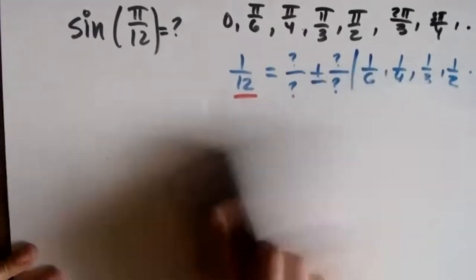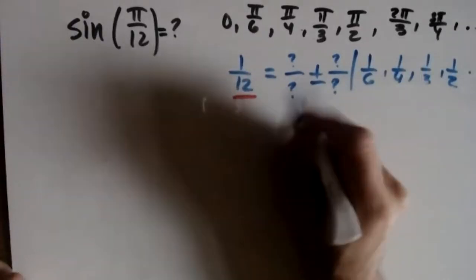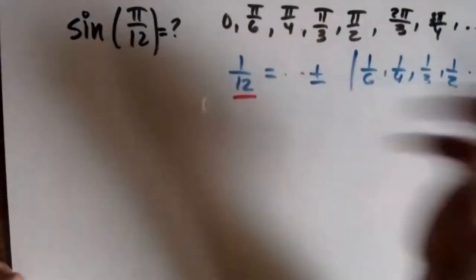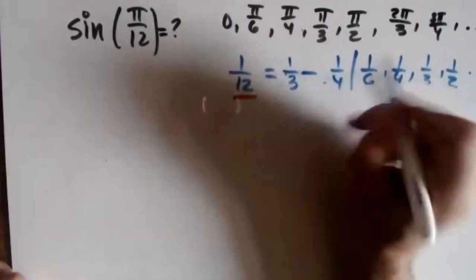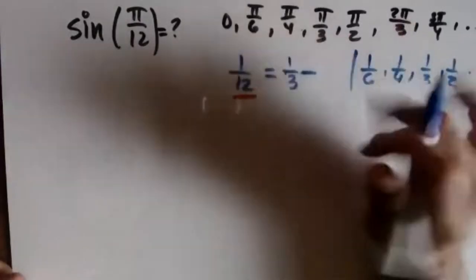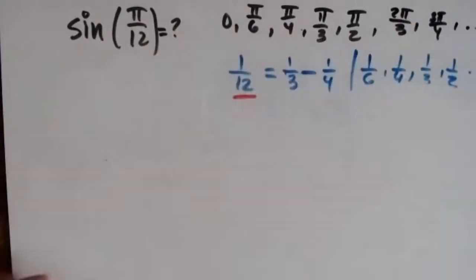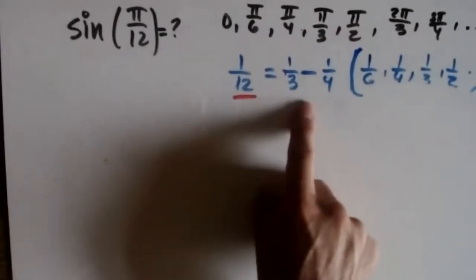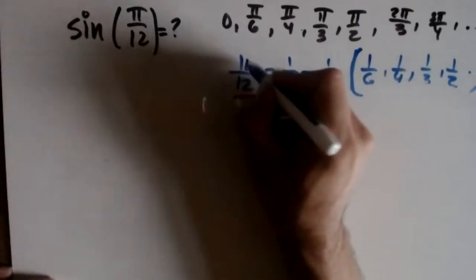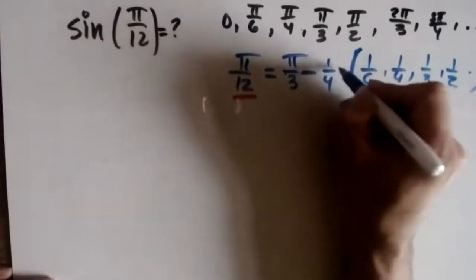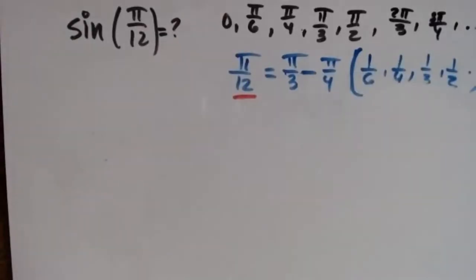This is going to be 1/3 minus 1/4, correct? So these are the values I'm going to use. This is 1/12, 4/12 minus 3/12. 3/12 is 1/3, correct? 1/12. Okay, so this is pi over 12, pi over 3, pi over 4.